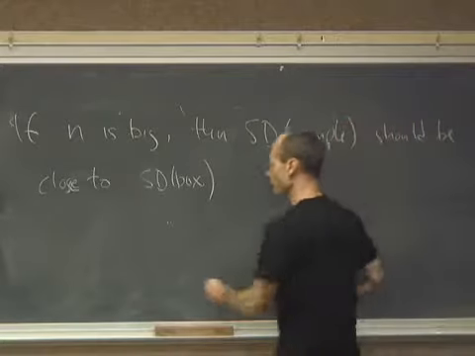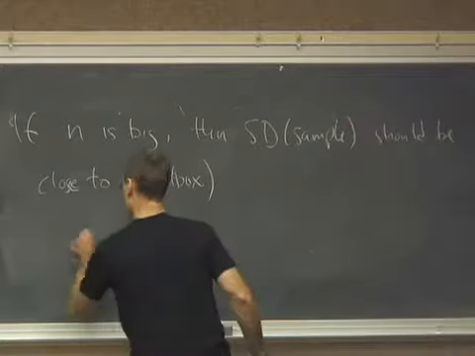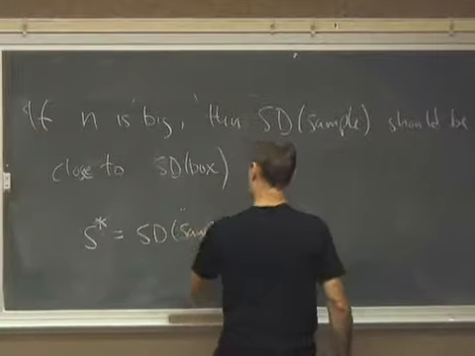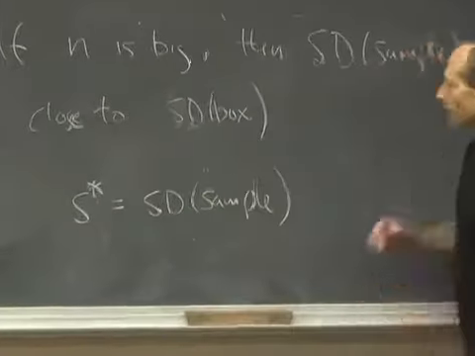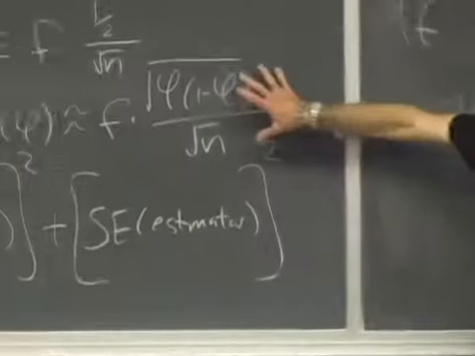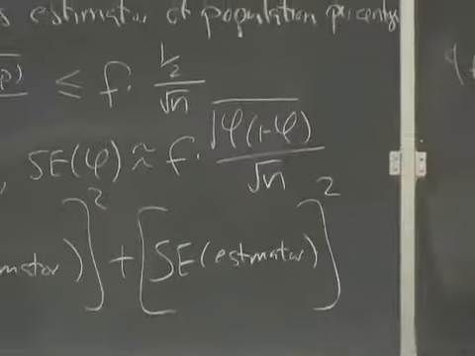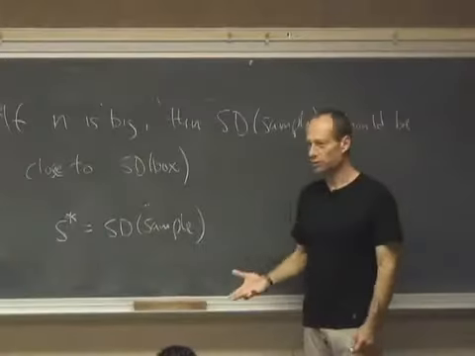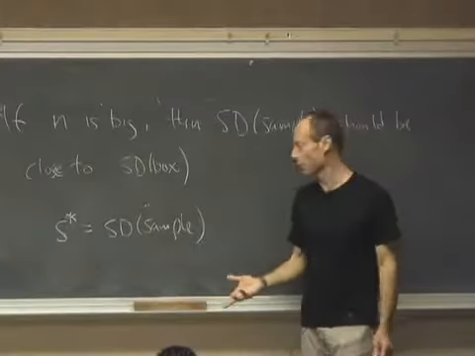So that leads to this general notion of S star equal to the SD of the sample. This is commonly used in sampling from a 0-1 box to estimate the SD of the box. It turns out that something slightly different is typically used if you're drawing from a box that isn't a 0-1 box.